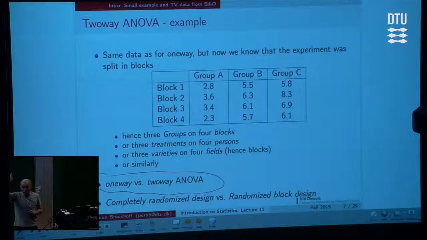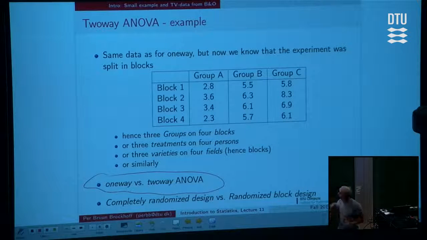If you were the manager and you were to design a study, maybe you would have the decision to choose between either doing a blocked experiment using the same people in the different treatment groups, or do what we did last time, make the completely randomized study.